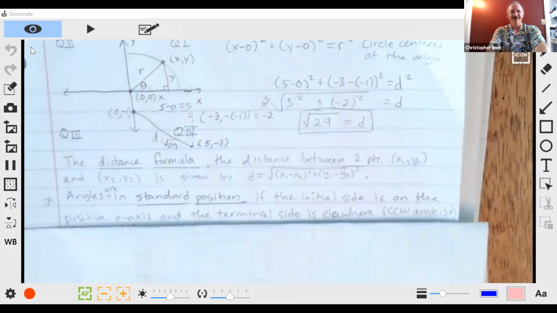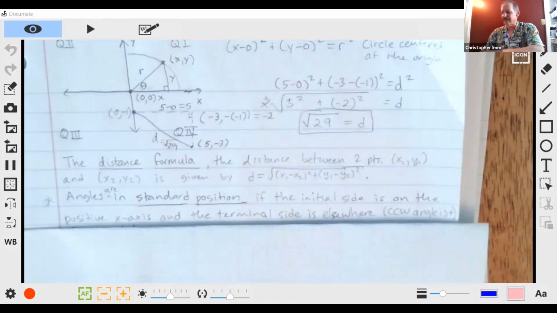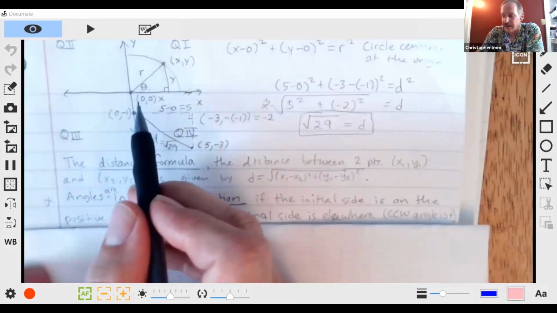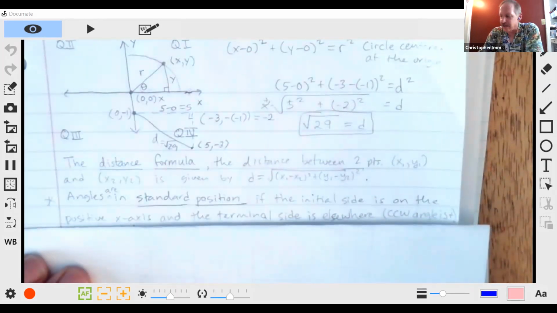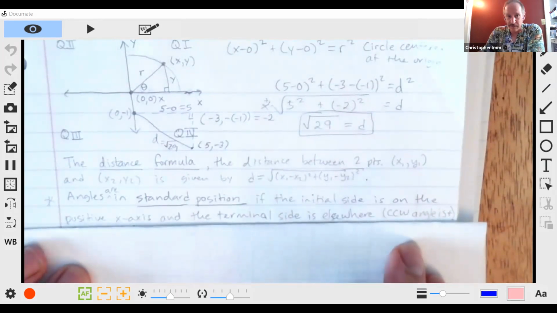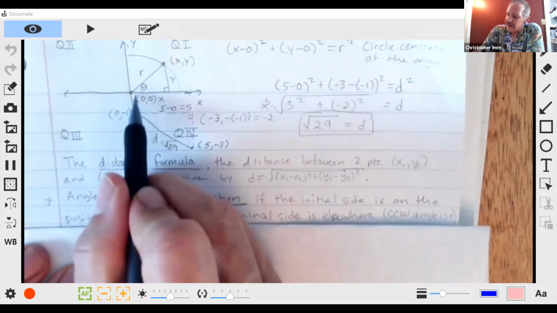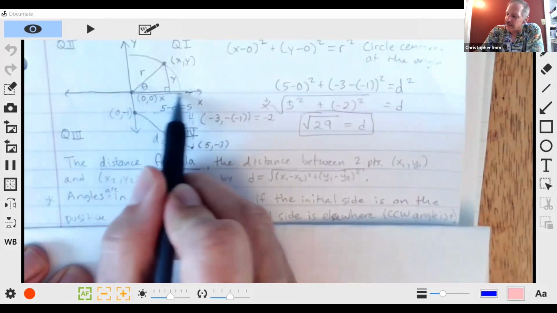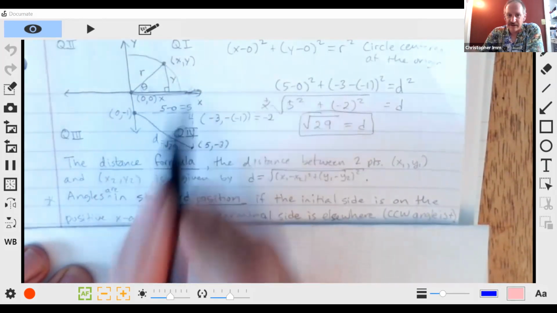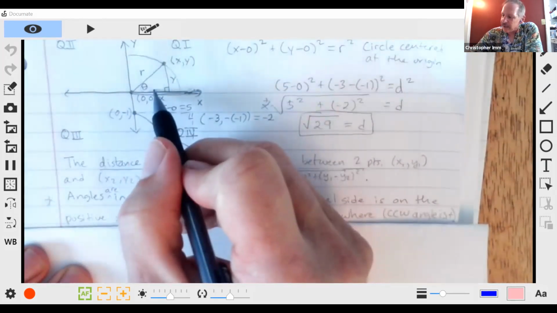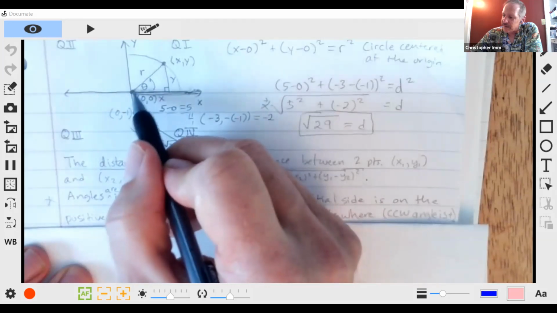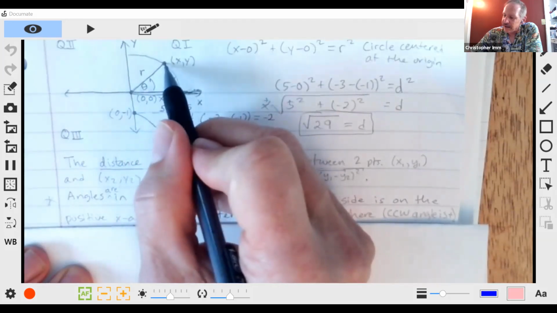So let me see where I'm at here. I'm okay. All right. So what that means is, like this angle theta up here, it's not only in standard position, but it's also going to be a positive angle because this angle here, theta, starts out with initial side on the positive x-axis and it sweeps to this side here.